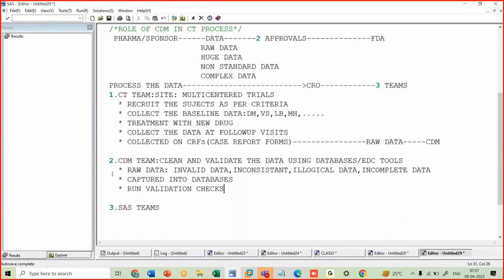These are the validations and these are called edit checks.